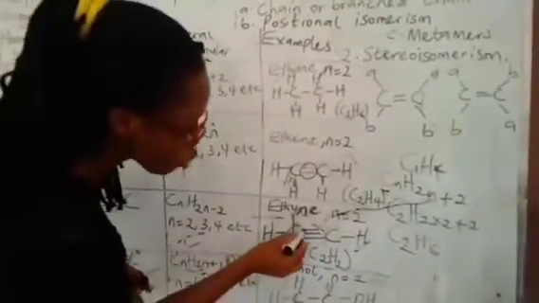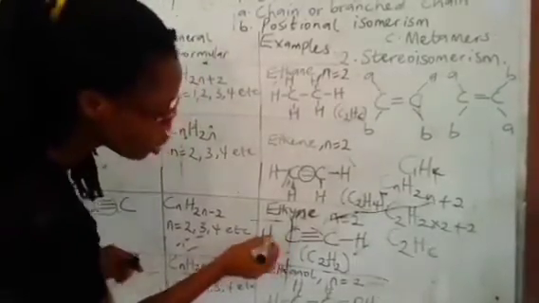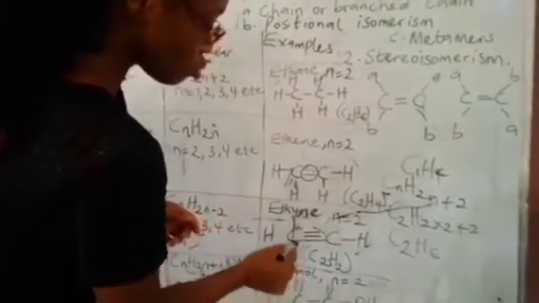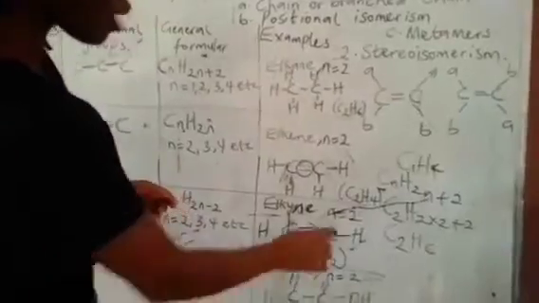Of course, 1, 2, 3 bonds. Definitely, the other bond that each carbon still needs is just 1. So because carbon just needs 1 more bond, we bond with just one hydrogen each, making it C2H2. That's an example of it.